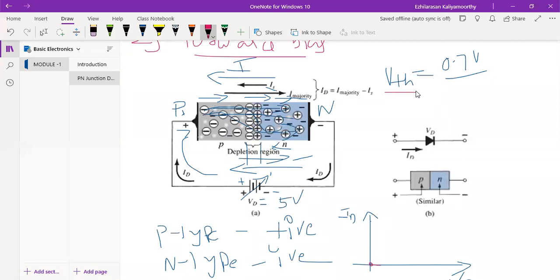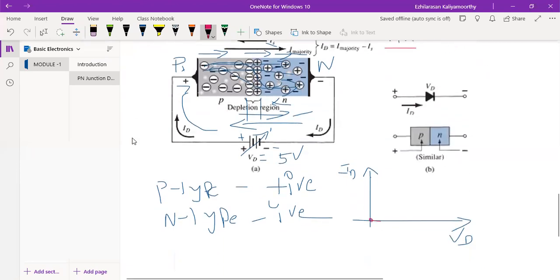It is the minimum voltage to turn on your device. So once your input voltage crosses this 0.7 volt, simply I can say VD is greater than or equal to VT, then your device starts to conduct.